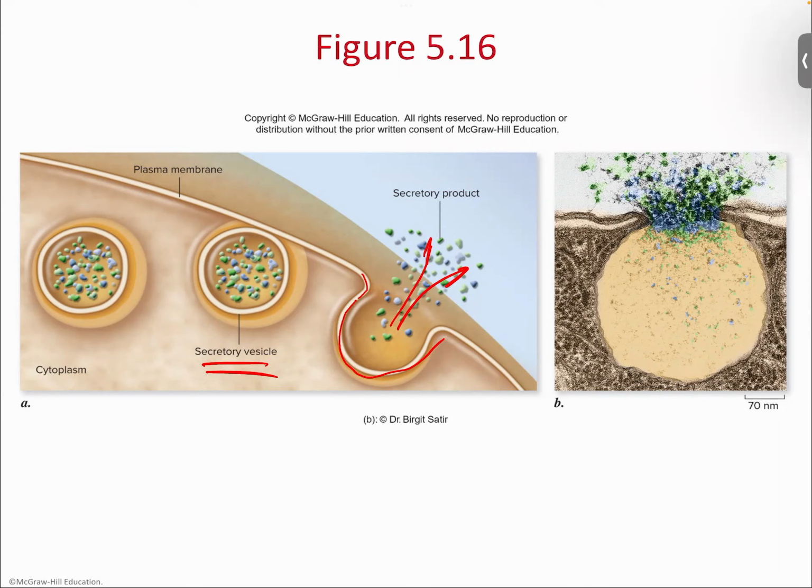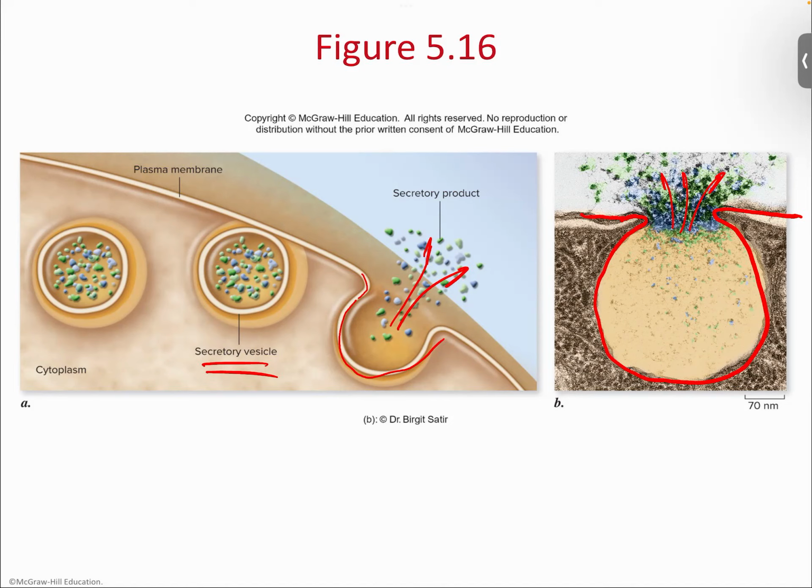Getting something like this is like a 1 in a million chance, but you happen to have caught it at the exact moment that it is ejecting its contents to the outside of the cell. And you can also see how the membrane of the vesicle has now fused with the membrane of the cell itself. So you can see it's turning inside out kind of an effect.